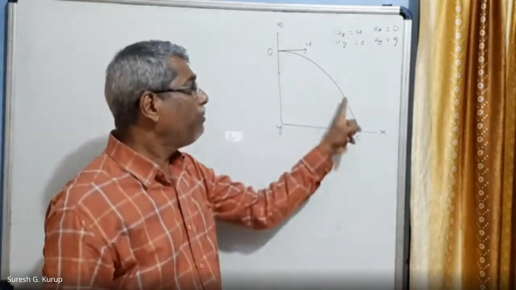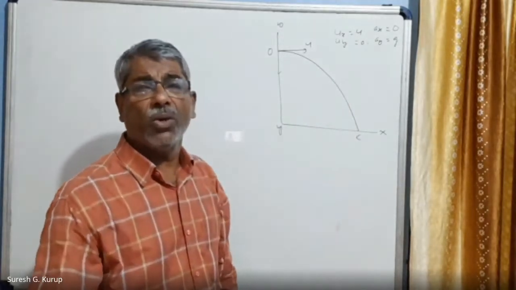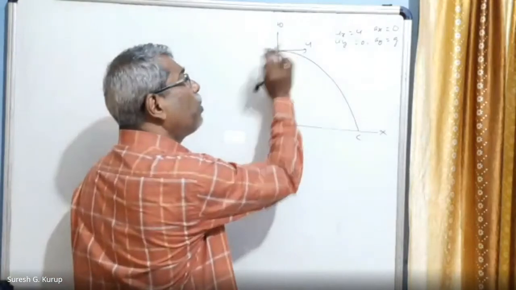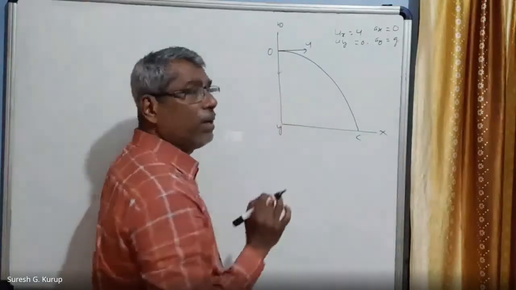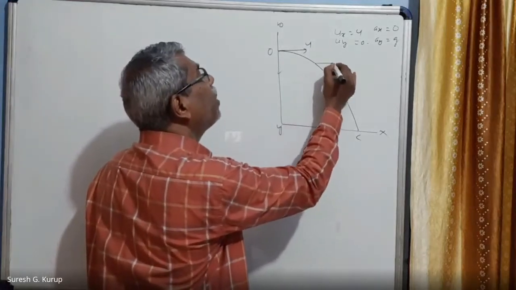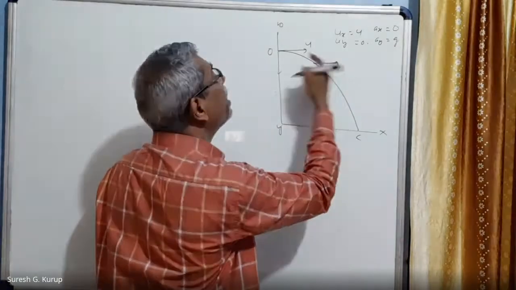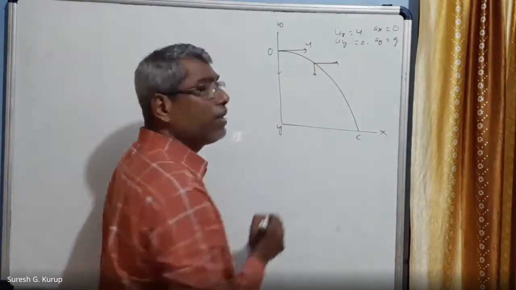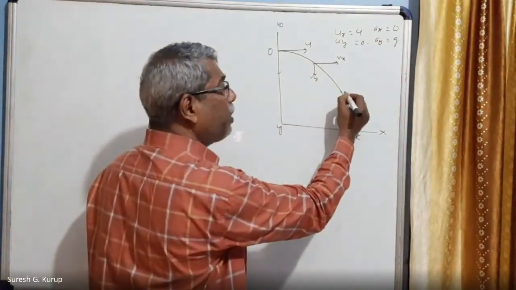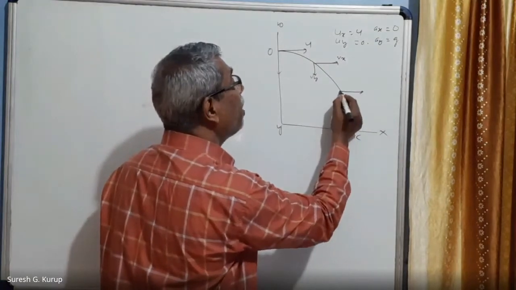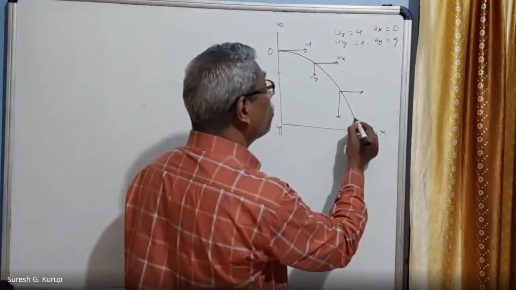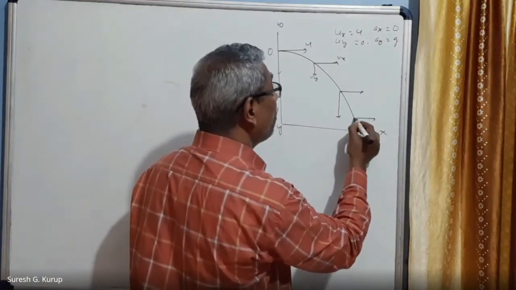Initially it was u, and at any point you see, the horizontal velocity will be the same, but the vertical velocity goes on increasing. For example, at this point the horizontal velocity is u and the initial vertical velocity is 0. Suppose we take this point of the journey, then also the horizontal velocity will be of the same length and the vertical velocity increases. This is Vy and this is Vx. If you see another point here, the horizontal velocity will be of the same length, but the vertical velocity again increases.